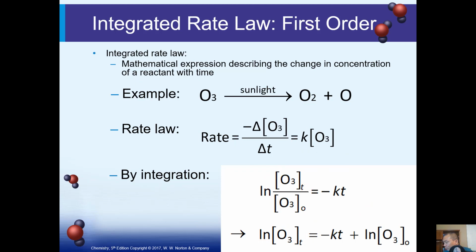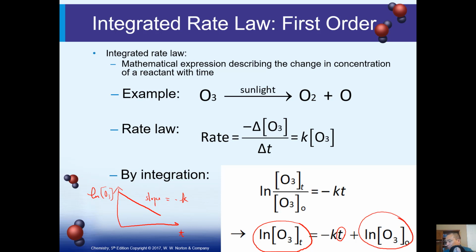In this rate law, if you plot the natural log of the current concentration versus time, it will give us a straight line. The slope will be negative k, and the y-intercept will be the log of initial concentration.